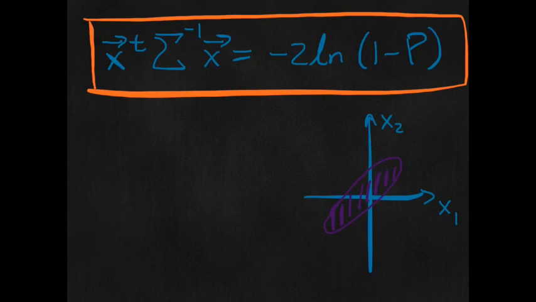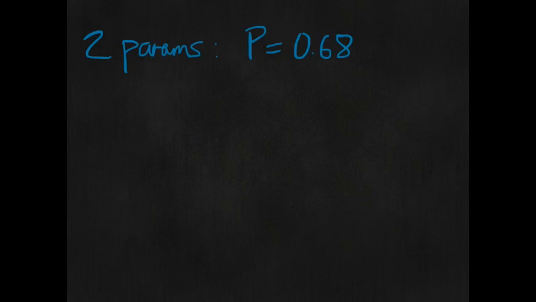Now, that then is essentially the goal of this video, to figure out how to draw those error ellipses. But here's an interesting little fact that we can explore. So for two parameters, if I want p equal to 0.68, it turns out that I get, just plugging into our result, x transpose sigma inverse x is equal to 2.3.